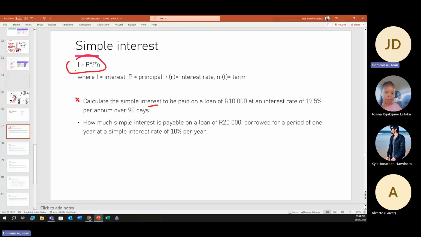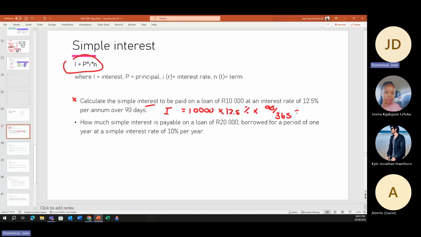You basically say the amount, which is 10,000, times the interest rate, which is 12.5, times my period. Here it's 90 days, so I need to say times 90 divided by 365. And that will give me my interest.